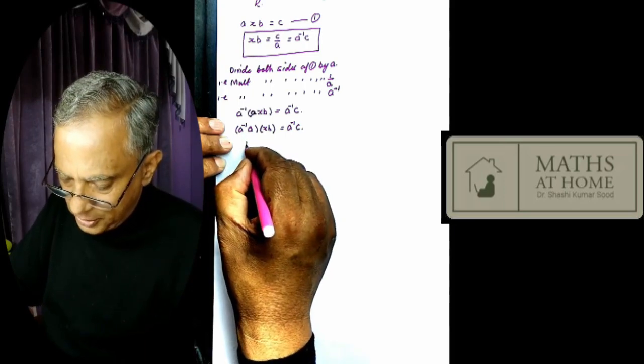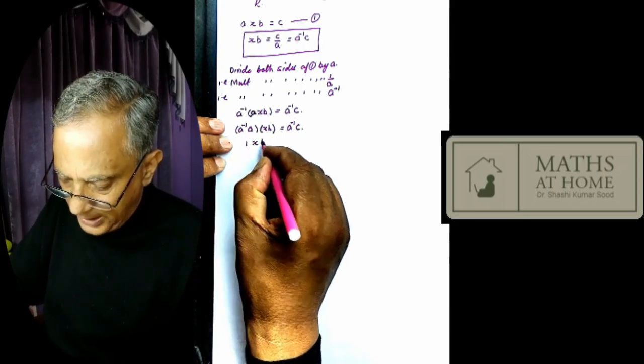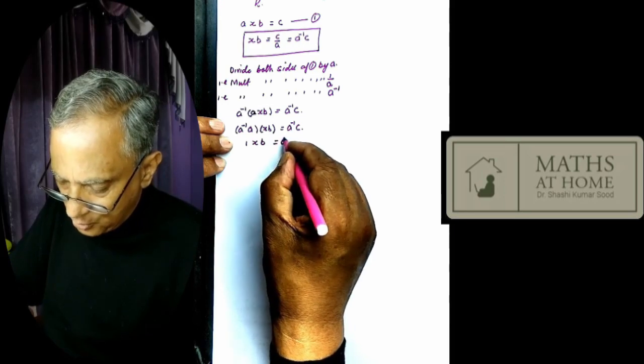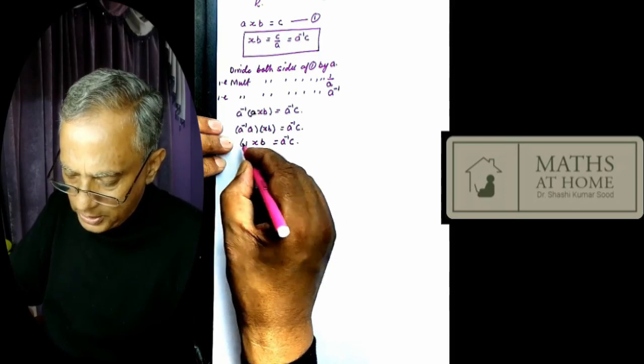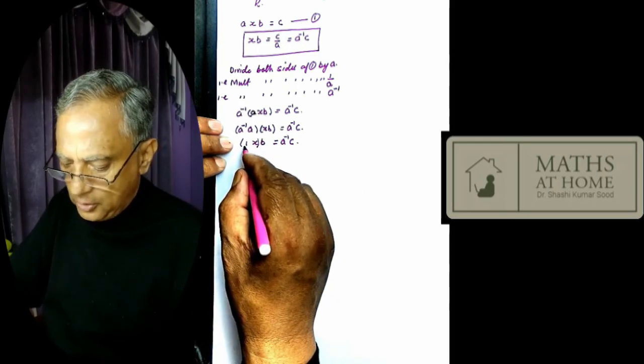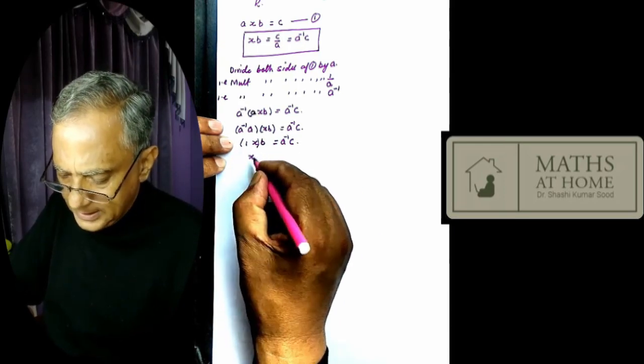That is A inverse into A is 1. 1 into XB is equal to A inverse C. Now what we do is we associate these two. Now 1 into X is X.